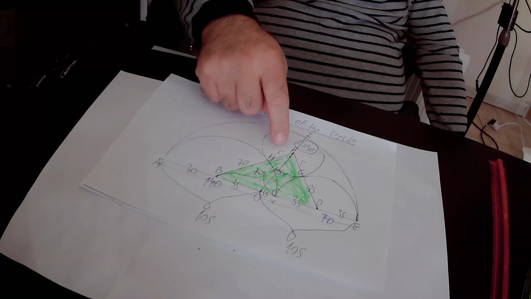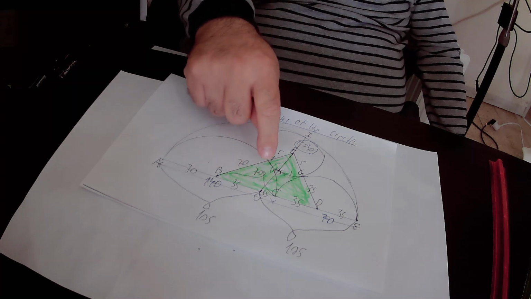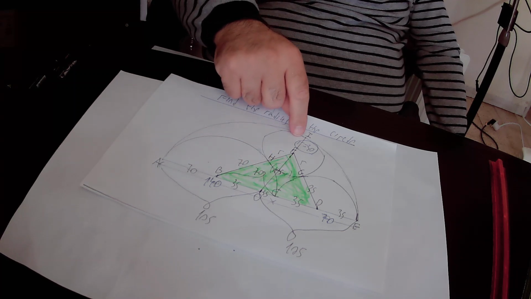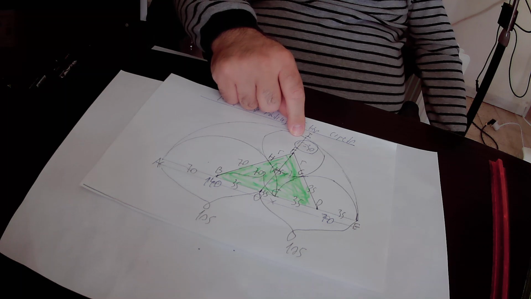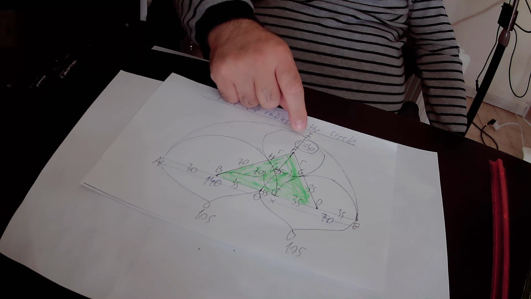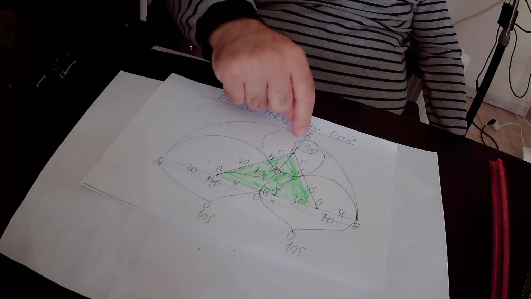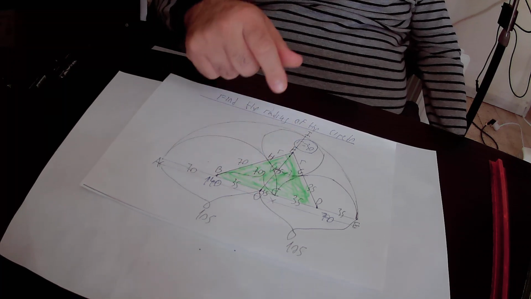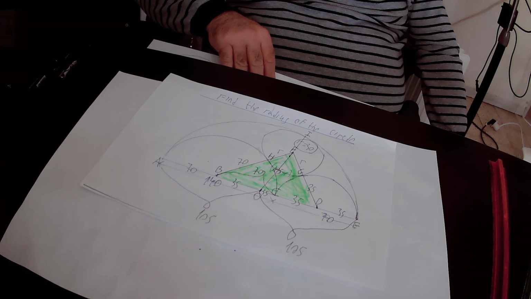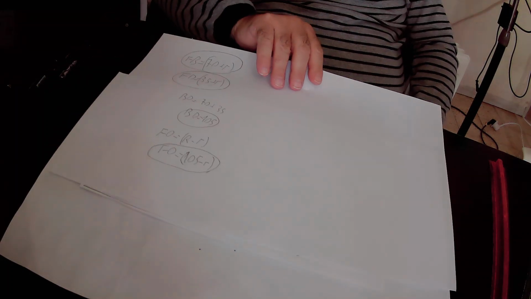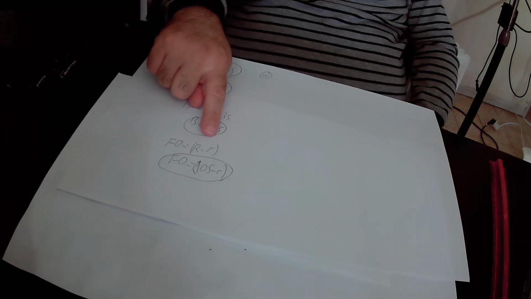Capital R minus small r equals FO, the distance between their centers. I'll repeat again: FO equals capital R minus small r.